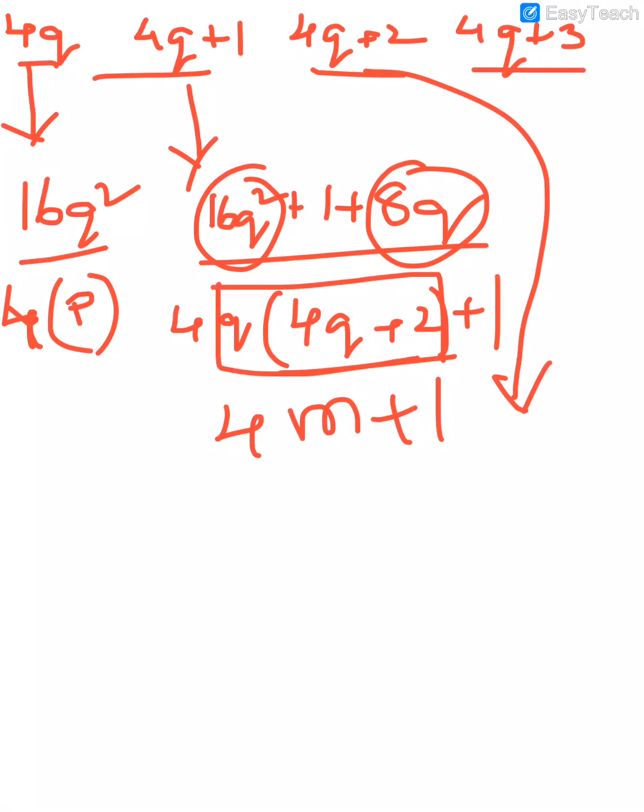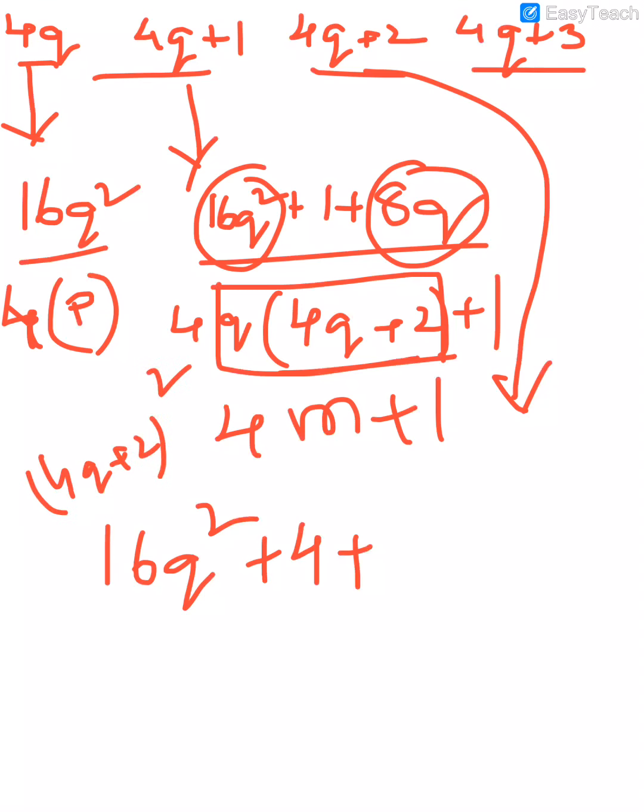Similarly, square 4q plus 2 whole square: 16q square plus 4 plus 2 into 4q into 2, that is 16q.